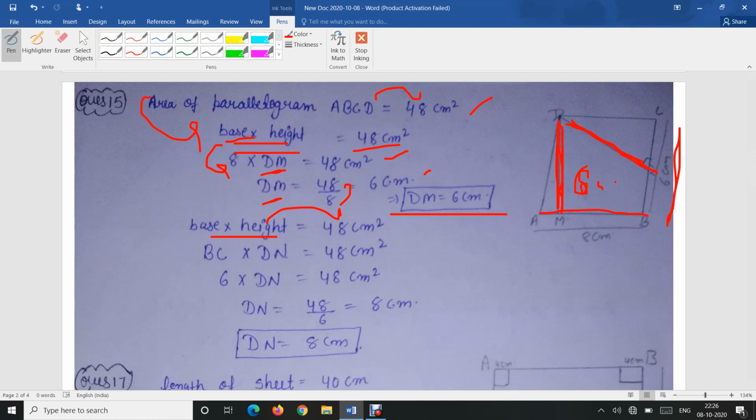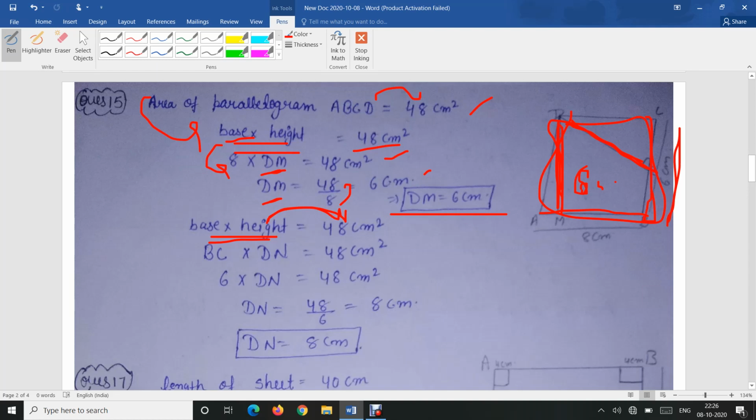This is talking about area of parallelogram ABCD. This is also ABCD and this is also ABCD, whether the base is AB or BC. So you have to take the area of the parallelogram the same. So base multiplied by height is equal to 48 centimeter square again.